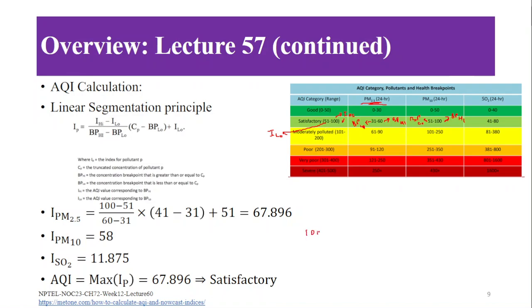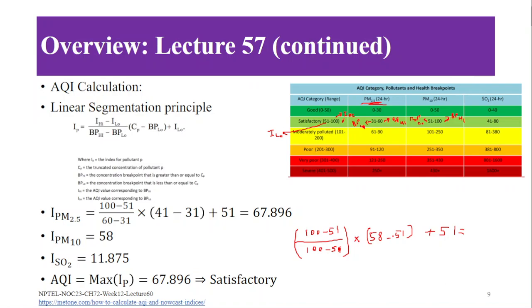So 100 minus 51 upon 100 minus 51, and what is the CP? CP is 58. And this will be multiplied by CP minus BP low, which is 51, plus I low, which is 51 for this case as well. So as this cancels out, this becomes 1, and 58 minus 51 plus 51 will give us 58.